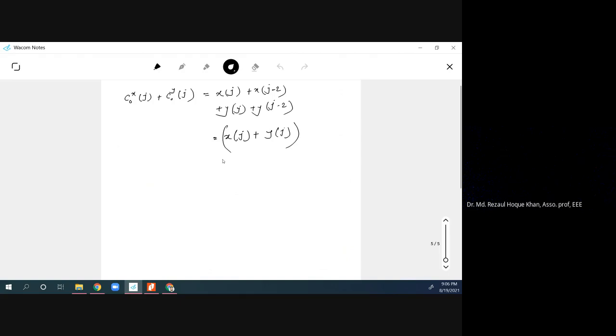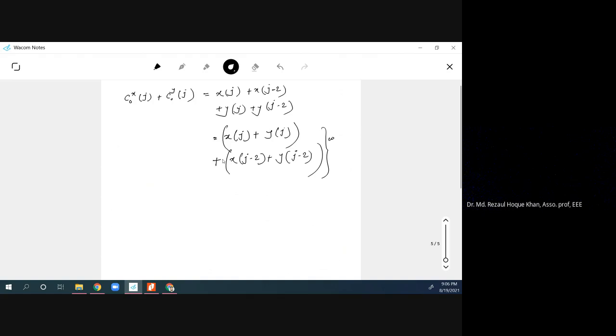Now one remains here: xj minus 2 plus yj minus 2. So commutative and associative both apply here.